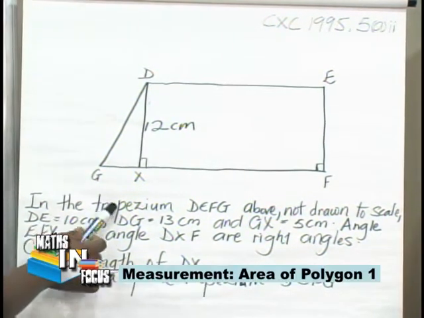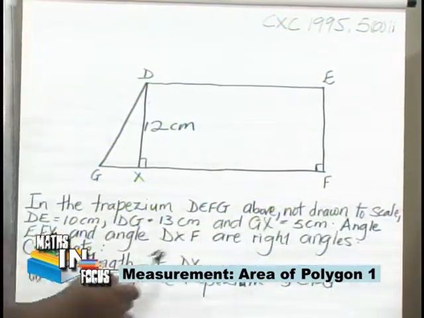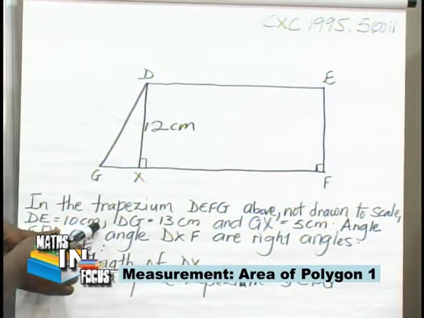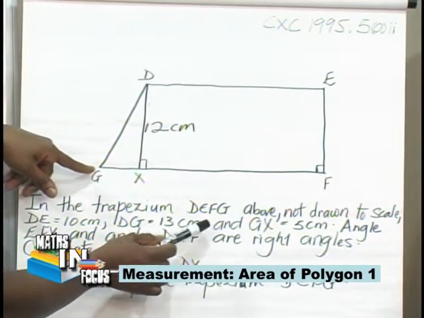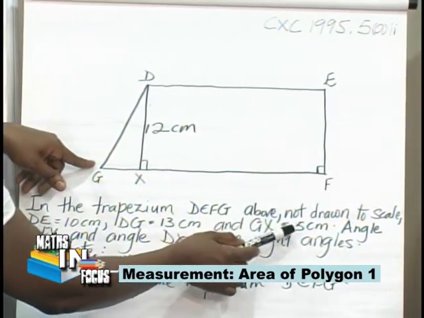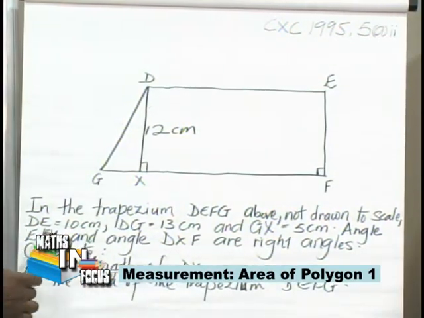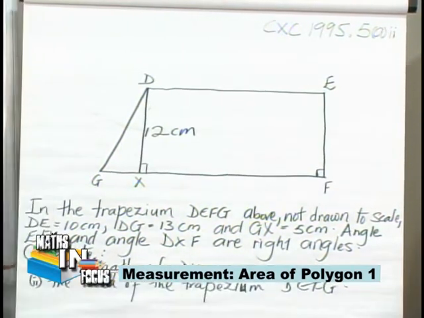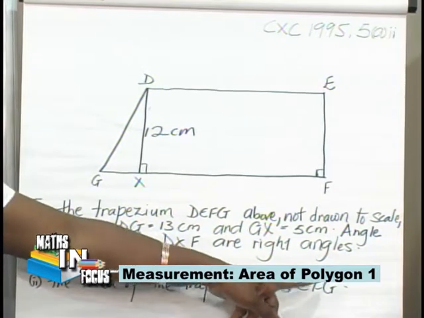In the trapezium DEFG above, not drawn to scale, DE is equal to 10 cm, DG is equal to 13 cm, and GX is equal to 5 cm. Angle EFX and angle DXF are right angles. Calculate, in part 2, the area of the trapezium DEFG.